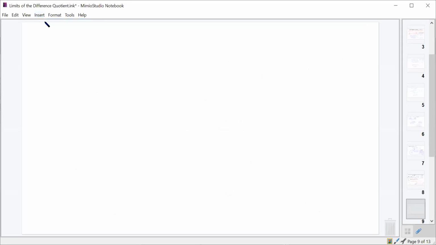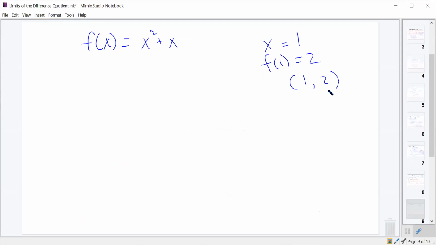So let's suppose the function was still x squared plus x, and we were interested in the point at x equals 1. So if x is 1, what's f of 1? Should be 2. So the point we're looking at is 1, 2. And we already went all the way through here and found that the derivative, this limit as h approaches 0 of the difference quotient, was 2x plus 1.